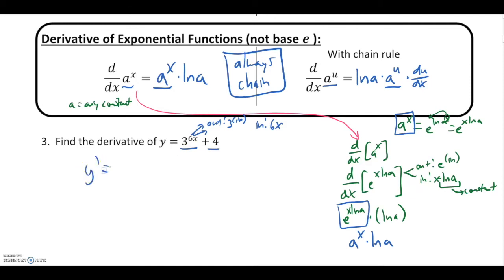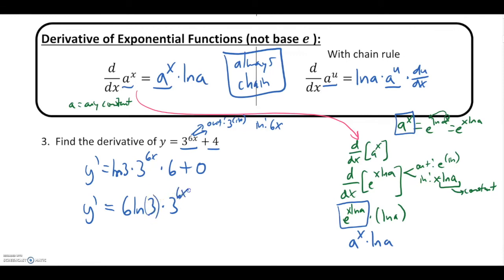So y prime equals, on the first function, we have 3 to the 6x, the derivative of 3 to anything would still be 3 to that anything, times the natural log of this base, because it's a base other than e, times the derivative of the inside function, which is 6, plus the derivative of 4, which is just going to be 0.